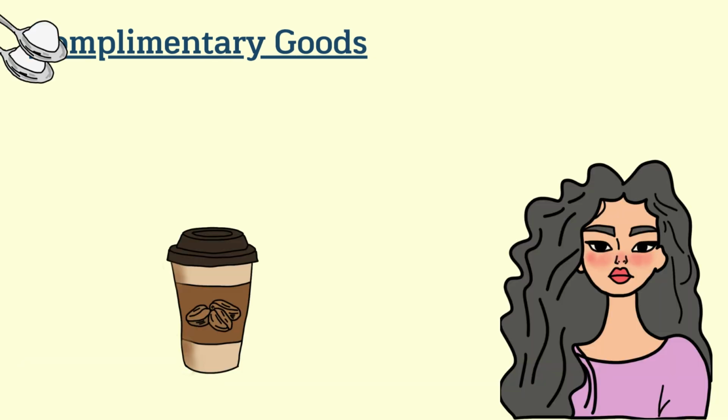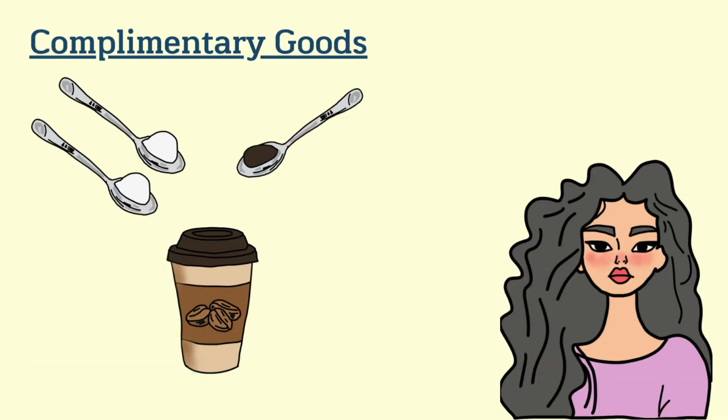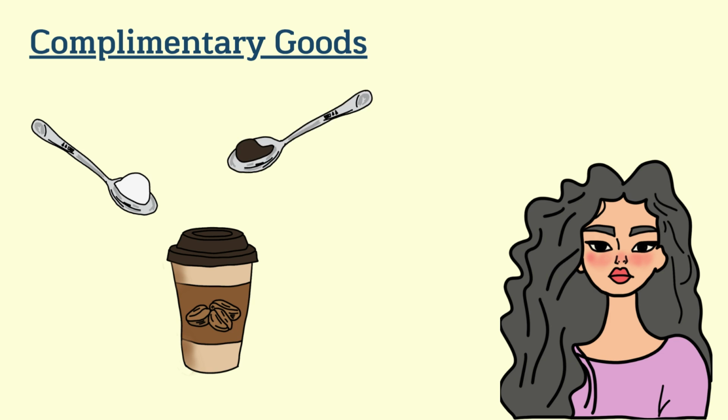For example, Rita puts 2 spoons of sugar with 1 spoon of coffee. When the price of sugar rises, she uses 1 spoon of sugar and half a spoon of coffee. Thus, sugar and coffee are complementary goods. When the price of sugar has risen, Rita has not only reduced her consumption of sugar, but she has also reduced her consumption of coffee.